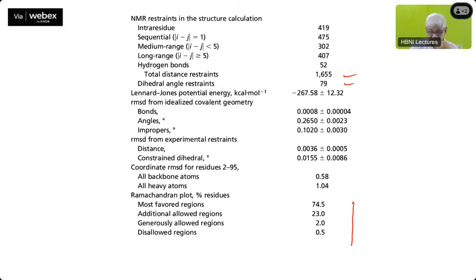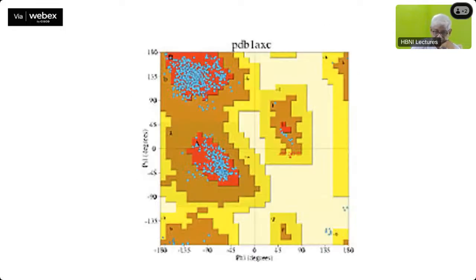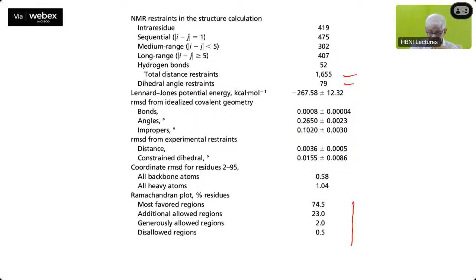See, for example, in this structure, 74.5% of the residues are in the most favored regions. Then there are additionally allowed regions, which are all these yellow ones there. The real hot ones are the red and the brown, but the additionally allowed are in the yellow region, or sometimes a section of the brown region also. That is also an allowed region, but of course it is slightly higher energy.